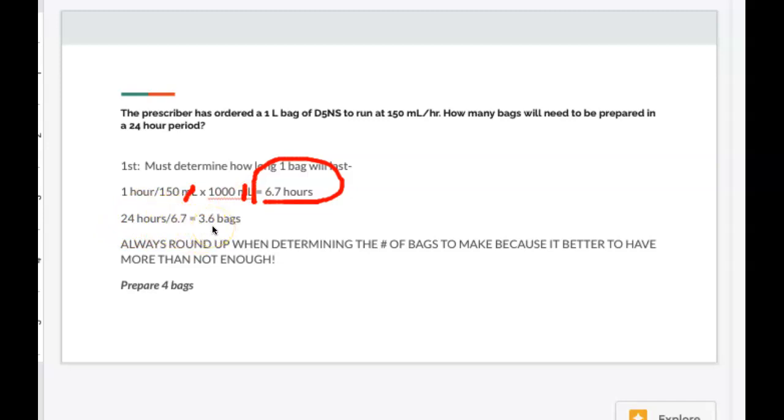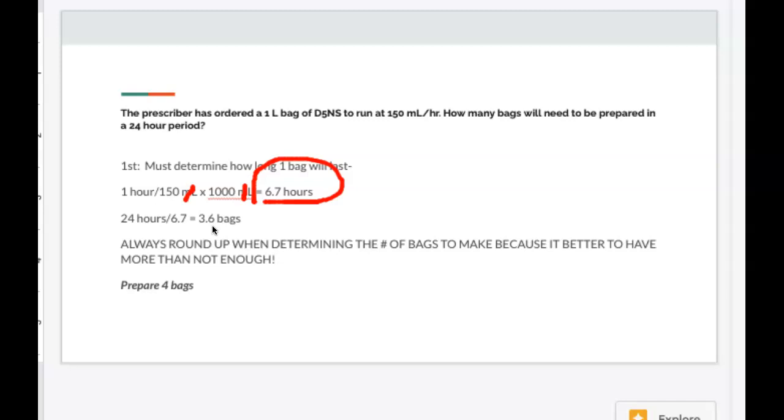My question to you, can you send 0.6 of a bag to the floor? Like, are you going to send them part of a bag, or no? No, you're not. You're going to prepare them an extra bag so that it will last for the full 24 hours.